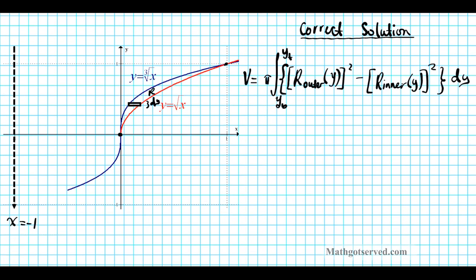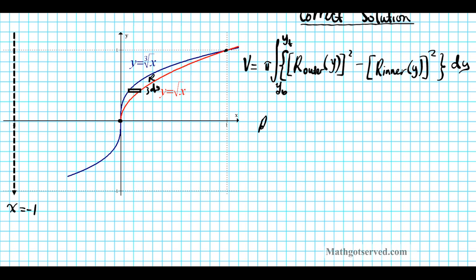Okay, so let's go ahead and figure out what the outer radius is. R outer as a function of y. So the outer radius is the measure from this point right here all the way to your axis of rotation.